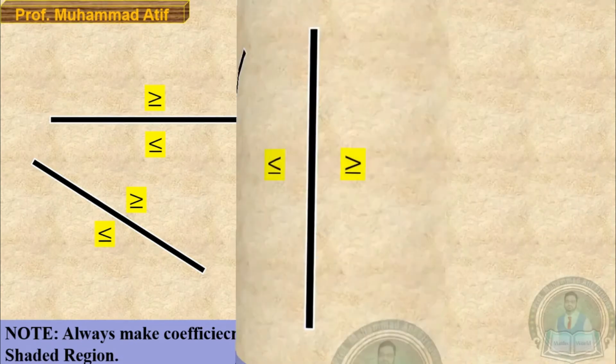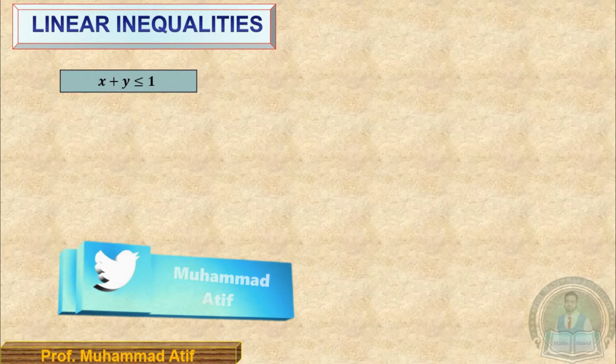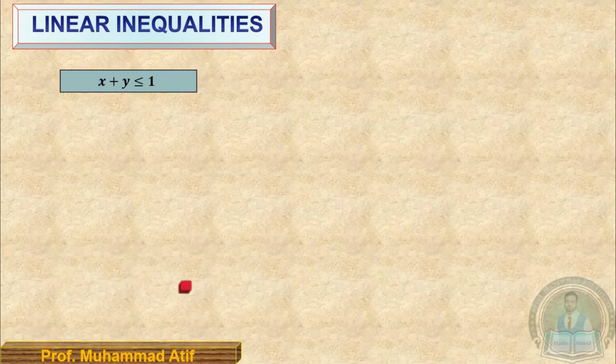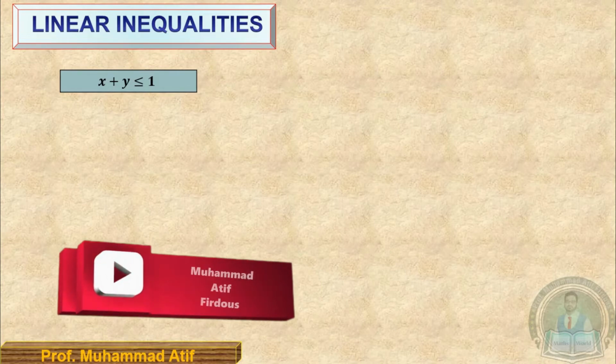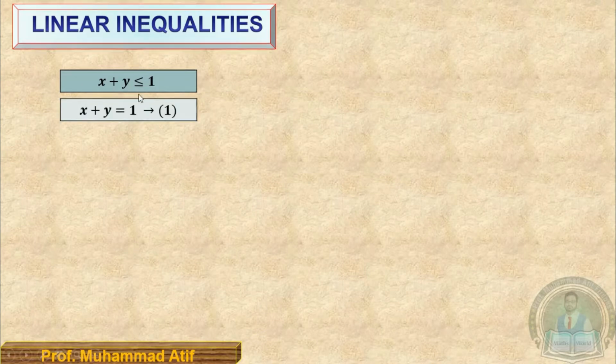So I start with a simple example: you just have to draw this inequality and shade the region. And the question is x plus y is less than or equal to 1. First, convert this inequality into the associated or corresponding equation, meaning just replace the less than or equal to sign by an equal to sign.